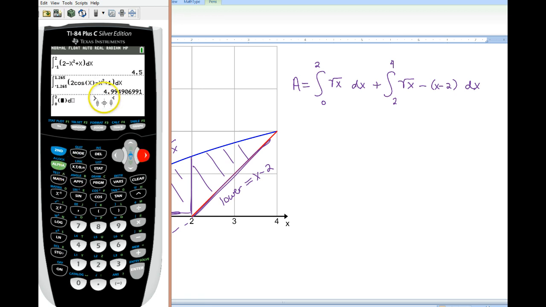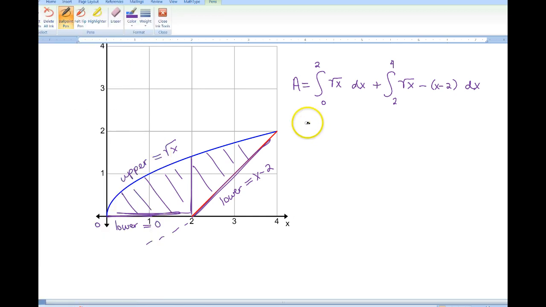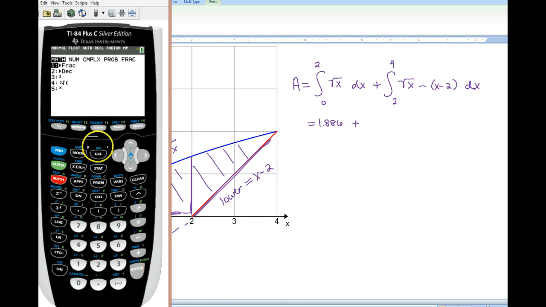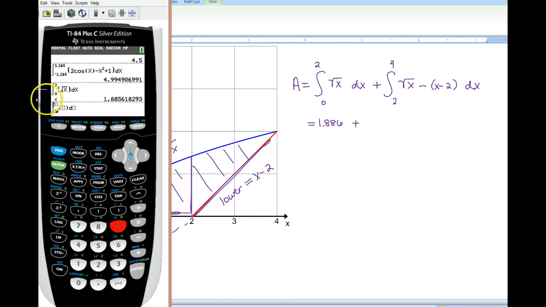Go ahead, we want to type this in. I'll just do the square root of x first. We get 1.886 plus, what do we get for the second part? Don't forget to change the bound, so it's now 2 to 4.